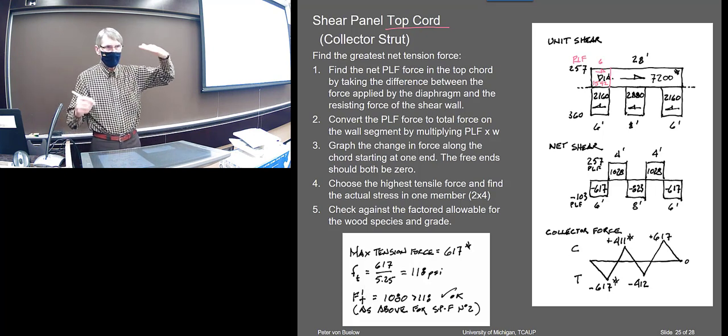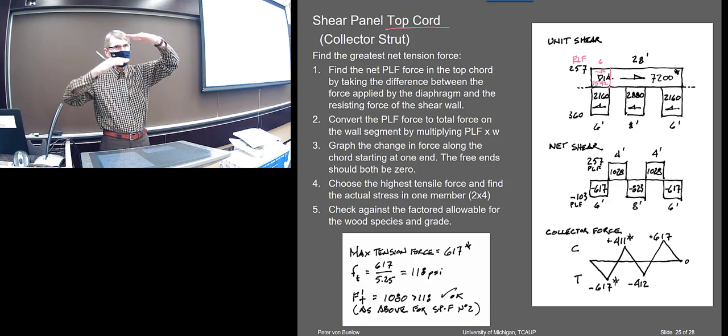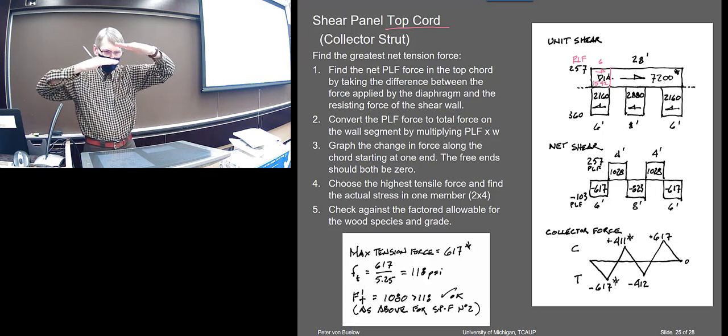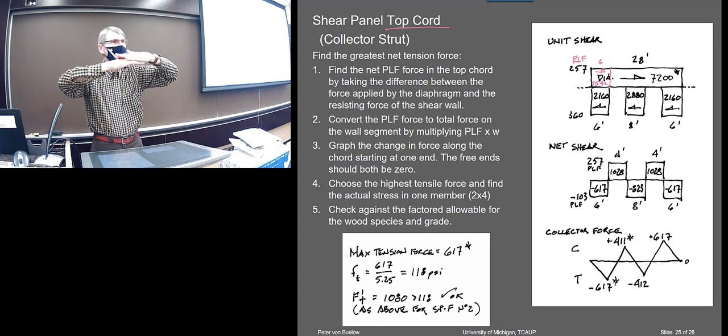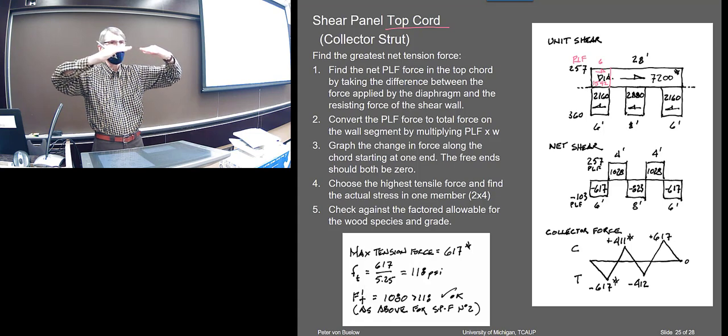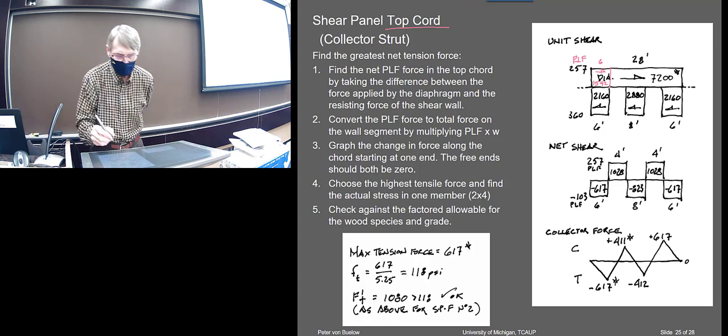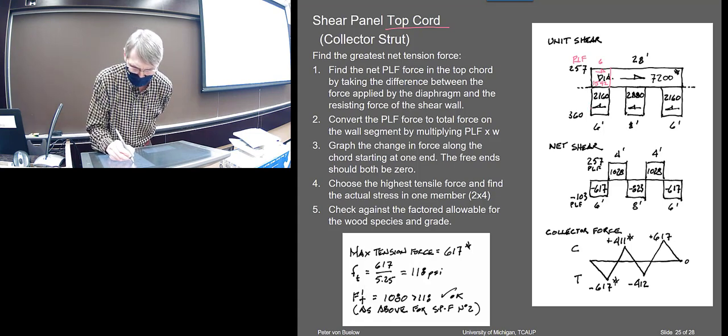So I've got 1542 in one direction and 2160 in the other direction, they add, right? Those are the two forces, but they're on the same member, right? So I'm adding two forces that are like this. So when I add them, this one's bigger, so this was the one that wins, and that's the difference then.